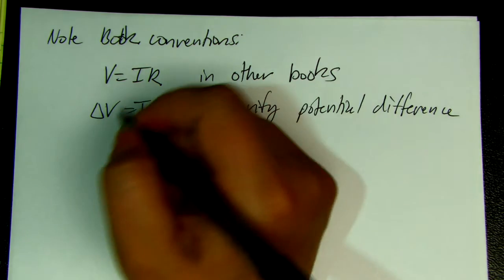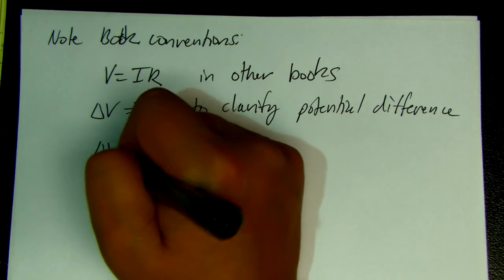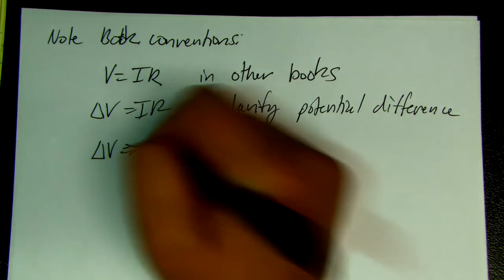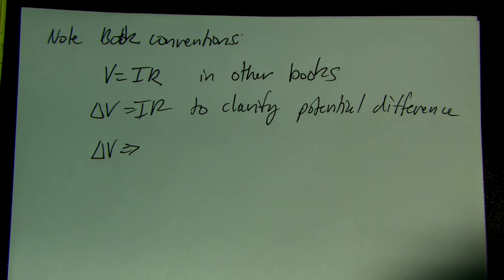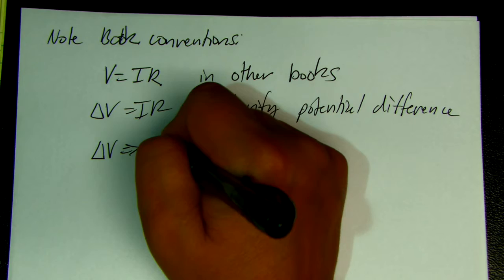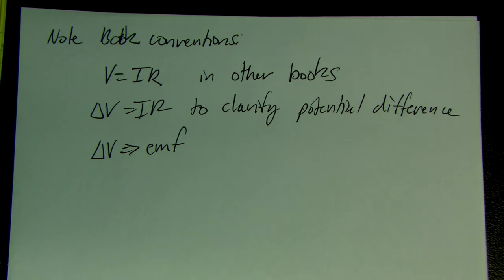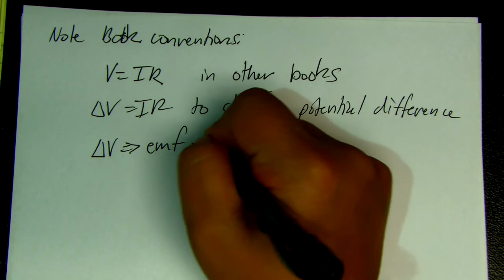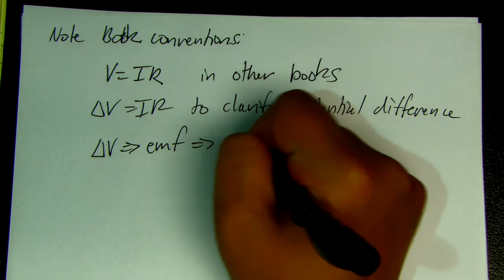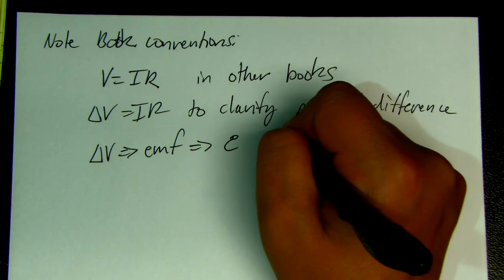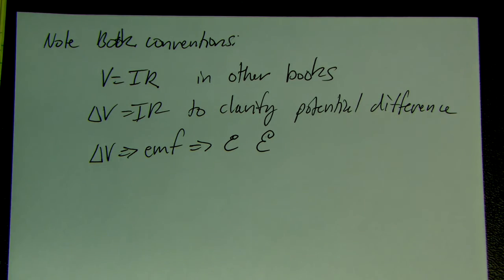Further, if it's coming from a battery, you might see delta V as EMF, and EMF is sometimes also written with a curly E. So just know that these are all just different symbols for the same thing. There's just a lot of different conventions within electrical expressions.